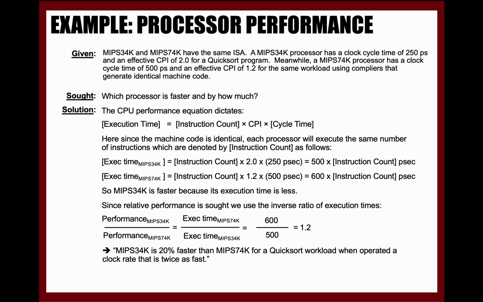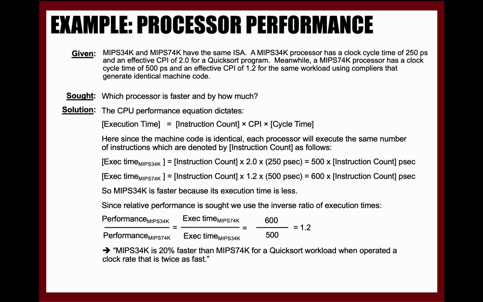To gauge the relative performance, one can use the inverse ratio of execution time. Execution time of MIPS 74K divided by execution time of MIPS 34K equals 600 times instruction count divided by 500 times instruction count, which equals 1.2.